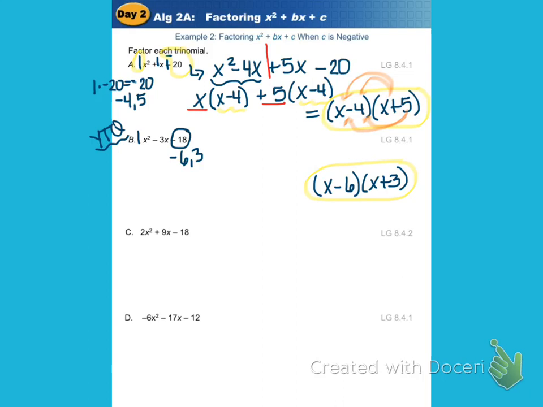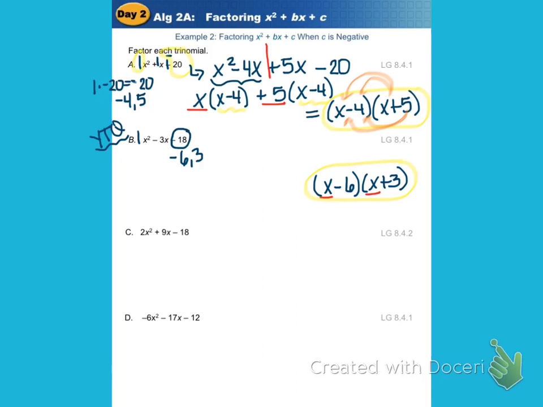If I use those as my two constant terms, then to get x squared, the only way is to have the first terms in both binomials be x. So that is a shortcut you can use if the leading coefficient is 1, as was the case in example A and example B.